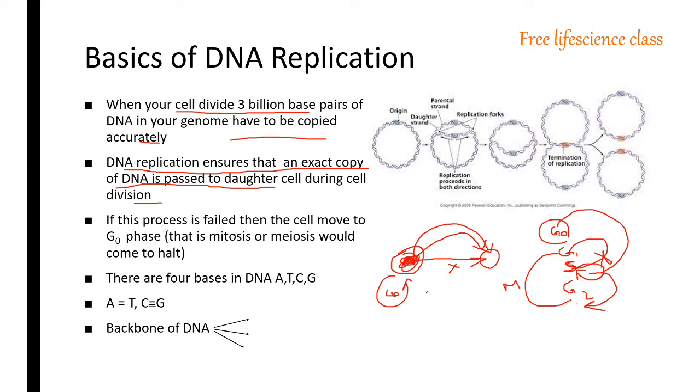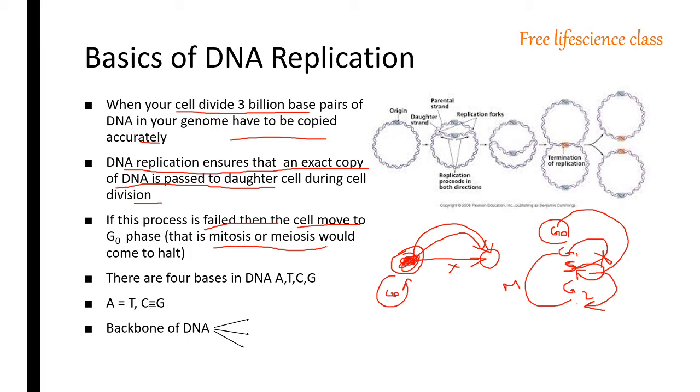So if your cell failed for replicating the DNA, what will happen? The cell moves to G0 phase. That is, we can say mitosis or meiosis will come to a halt because the cell failed to replicate.